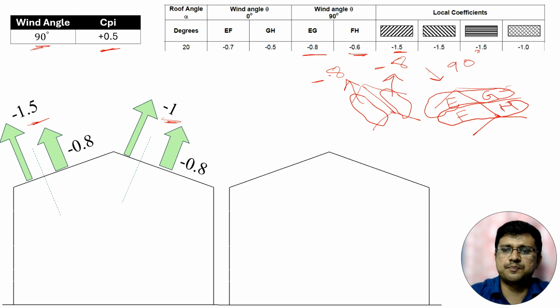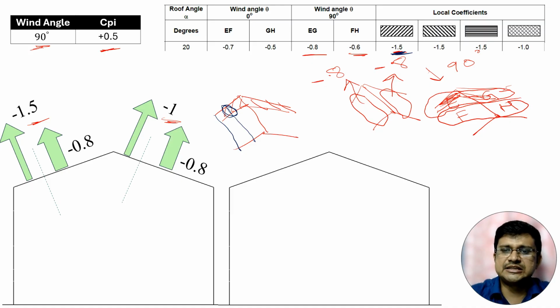This minus 1.5 is applicable for this zone. If I clearly draw it, this minus 1.5 is applicable for this zone. But if we think about a purlin, then for one purlin, only some particular zone will be affected by this particular local coefficient.